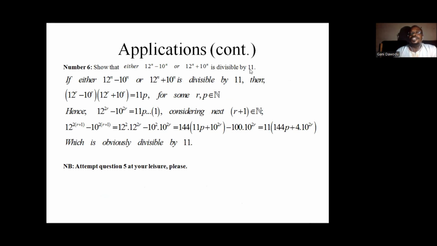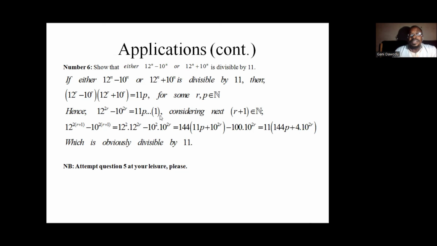If it is indeed true, then the product is obviously divisible by 11, and that's the product for some r and p in naturals. Hence, this is the product of sum and difference. It's equal to the difference in squares.